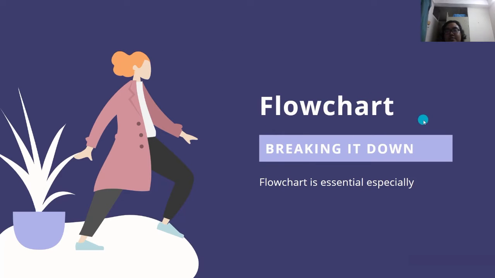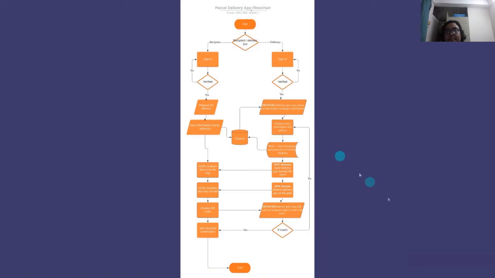Next, we will go to the chart of our project. So this is our chart for our project. We'll go first to the recipient part. First, the recipient signs in, and the system will check if it's verified.